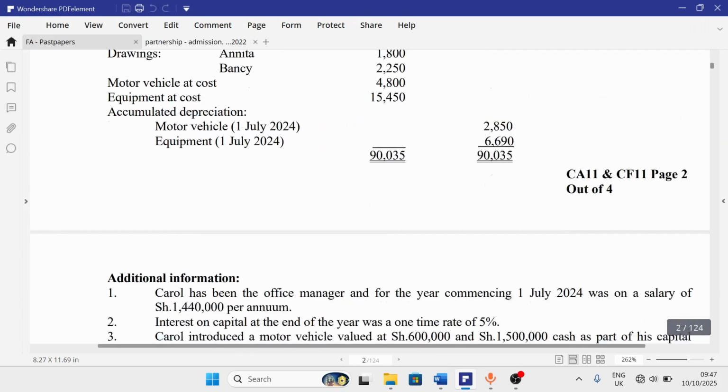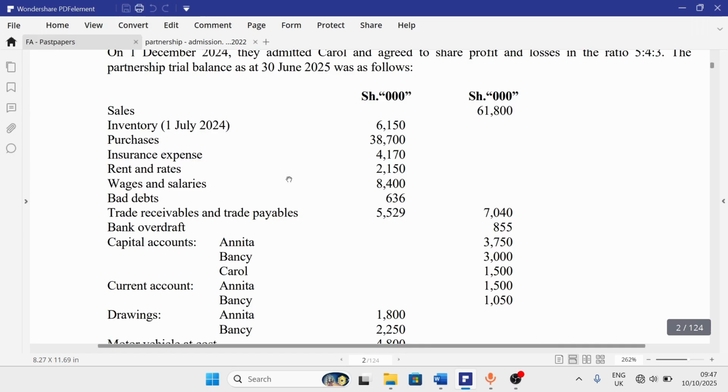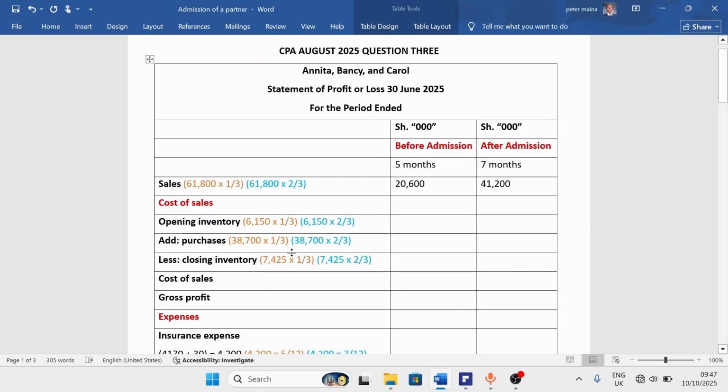But cost of sales is made up of the opening inventory, the purchases, and then we have to deduct the closing inventory. So let us start with the opening inventory. That is the inventory on 1st July 2024. The amount we are given is 61,50. So let us now apportion that to the two periods.